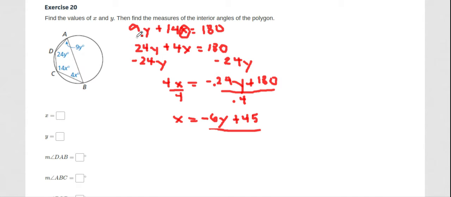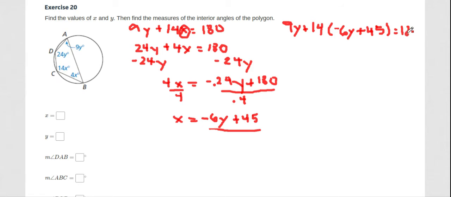So the first equation was 9y plus 14x equals 180. So then we change that to 9y plus 14 times x, but x is equal to negative 6y plus 45. So we can substitute that in, negative 6y plus 45. And then all of that is equal to 180.